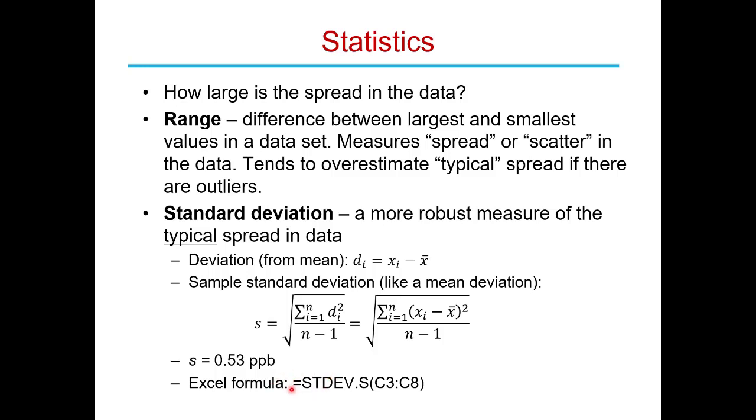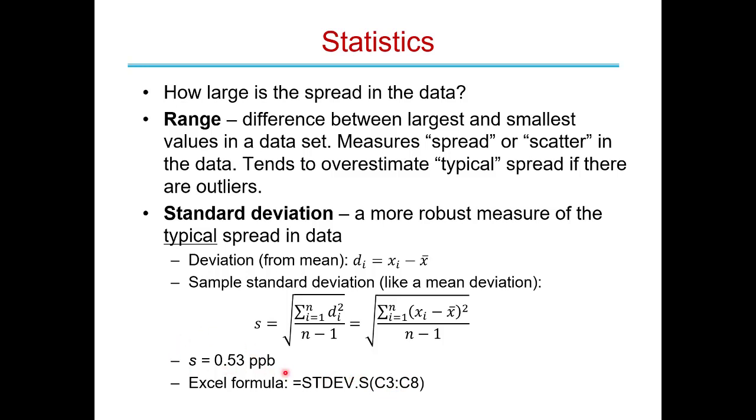In Excel, though, the formula is the equal sign, and then you type stdev, for standard deviation, a period, and then S. So stdev.s. The S stands for sample standard deviation, because there are other kinds of definitions for standard deviation. Then you just select the range of cells that has the data points in it, and it will spit out the standard deviation.